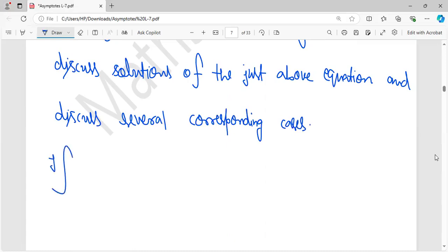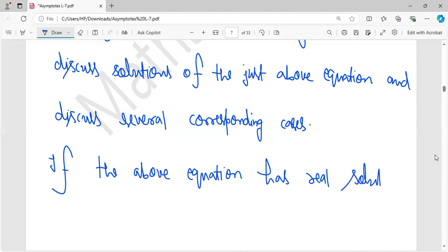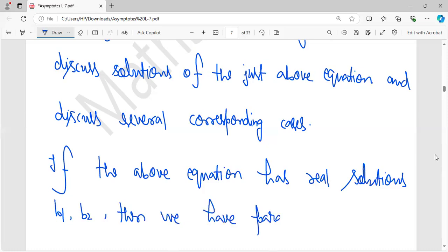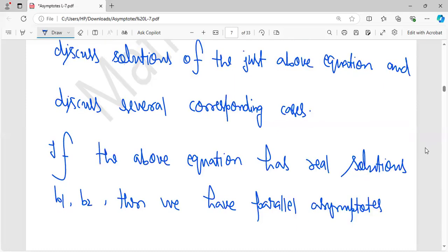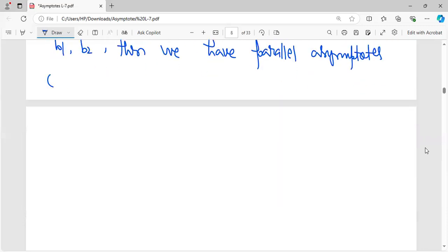So if the above equation has real solutions b1, b2, then we have parallel asymptotes corresponding to a.